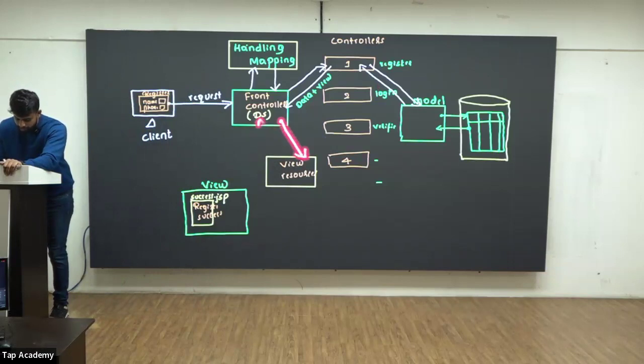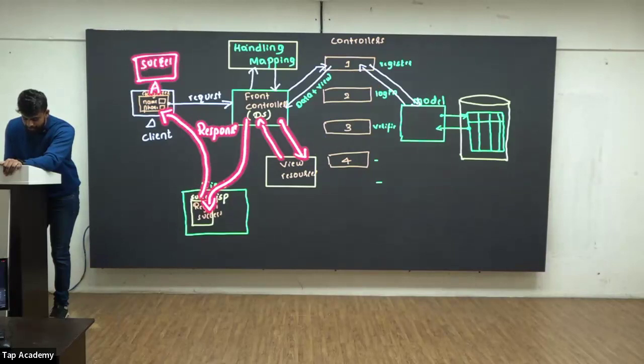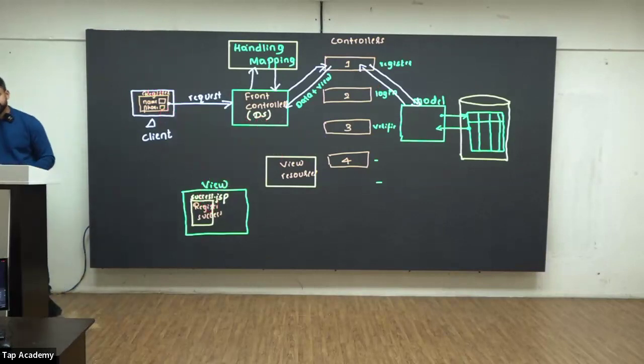The front controller will get to know that I should go to success.jsp in this location only, and then he will respond to the client with a response. When you do that, on the client computer you will get what? Registration success. This is how the process works.